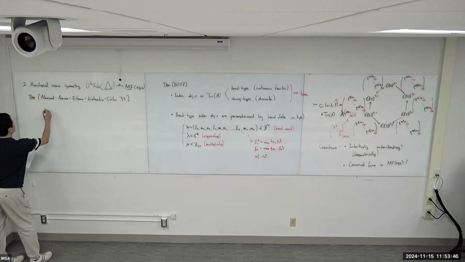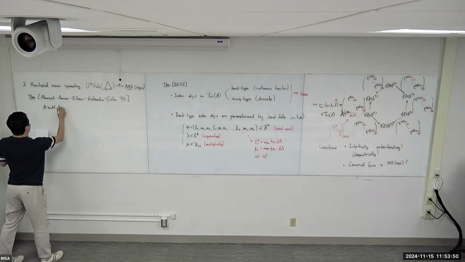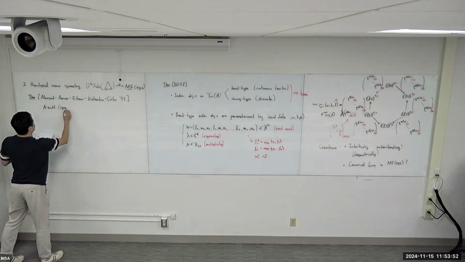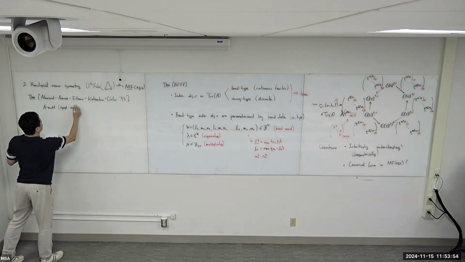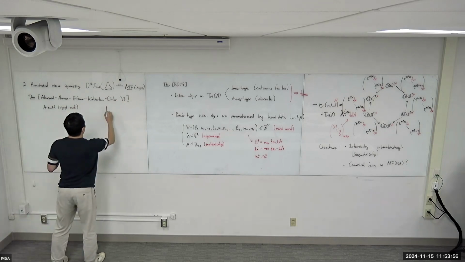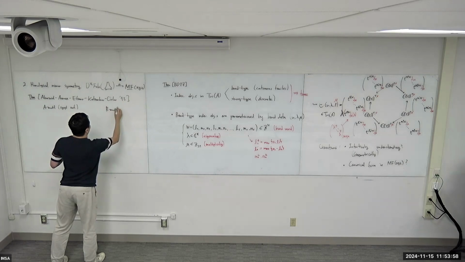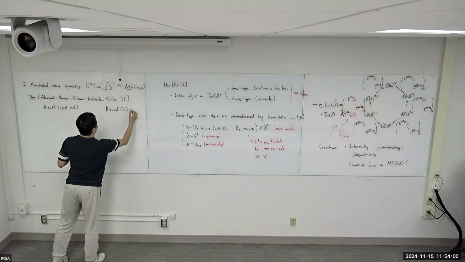There they considered as the A model some punctured surface, and as the B model some Landau-Ginzburg models.